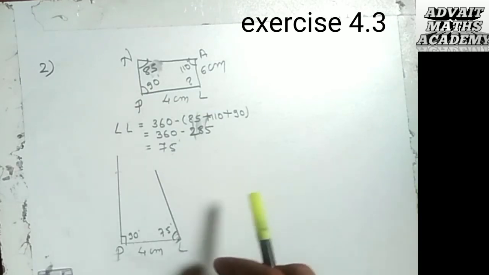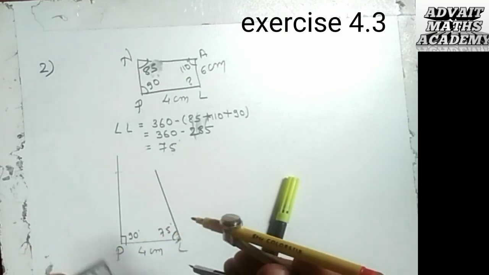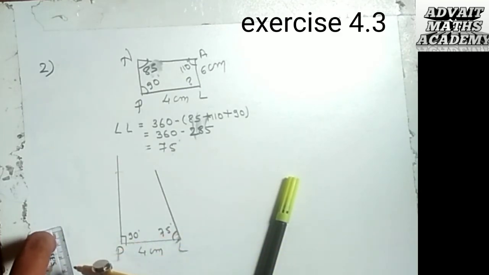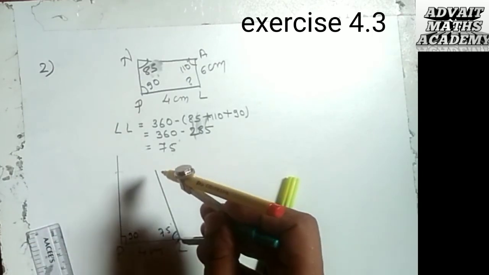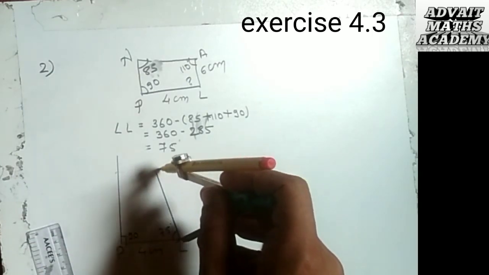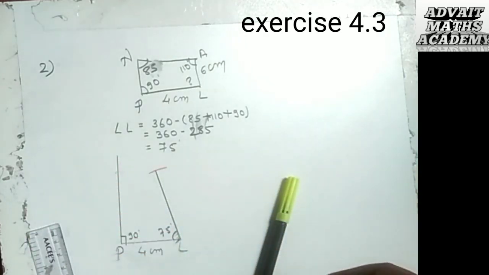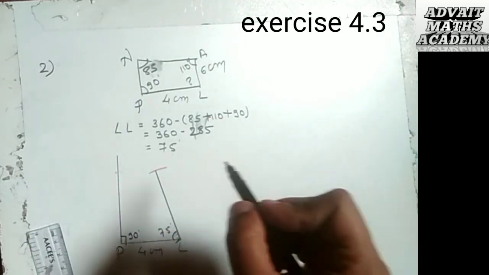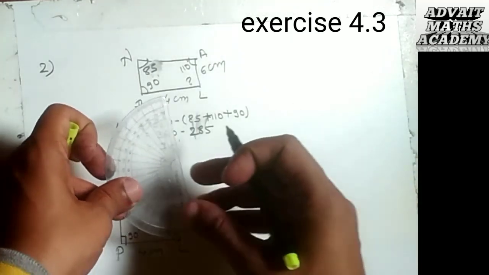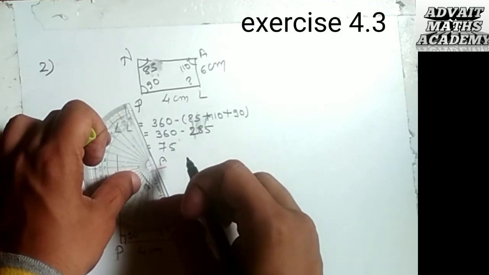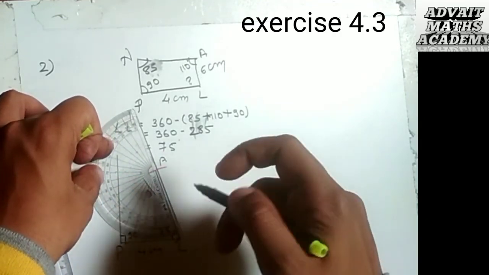Then take an arc of 6 centimeter in your compass, and from L mark it. Then from this point A, draw the angle 110 degrees.